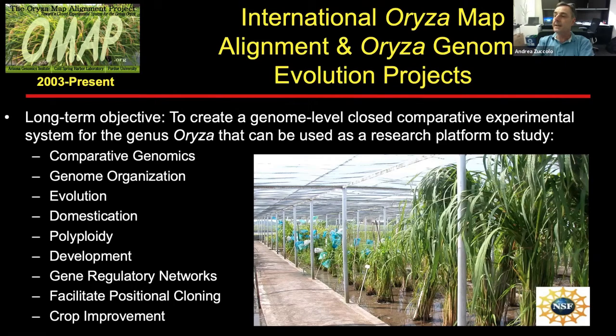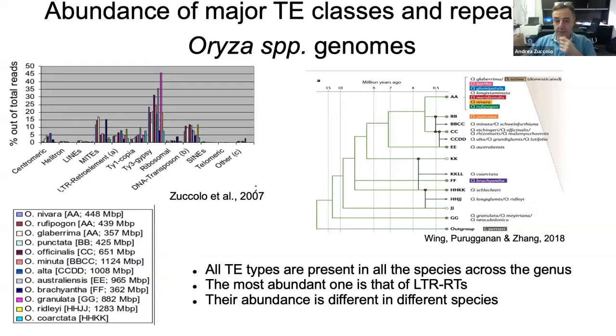The idea behind these efforts was to try to unlock the amount of variability present in the genus by means of comparative genomics studies that would provide data to study genome organization, evolution, polyploidization, development, transposable elements, and so on and so forth.